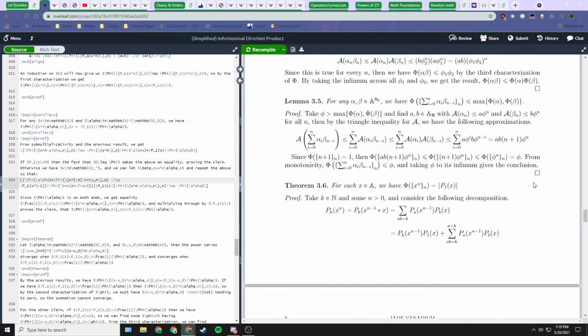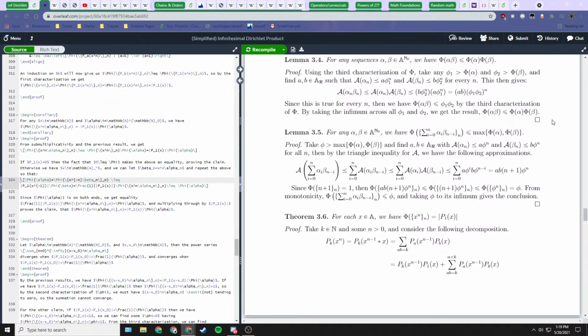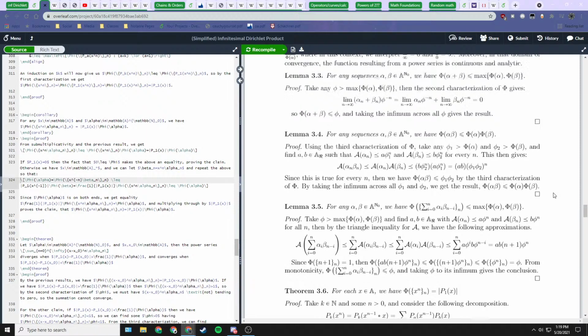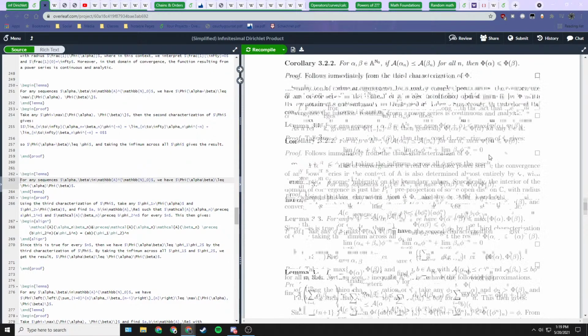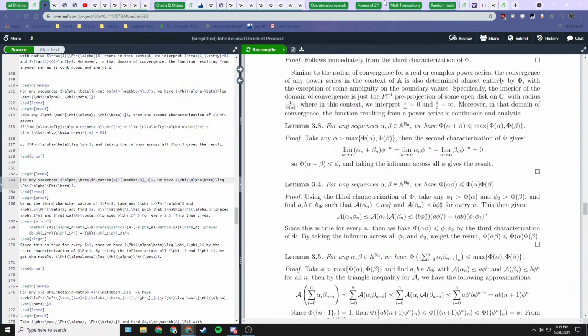Right up in the sub-multiplicativity part here, I think I just have to restrict that we don't have an infinity times 0 situation, because in the general context we won't actually know.